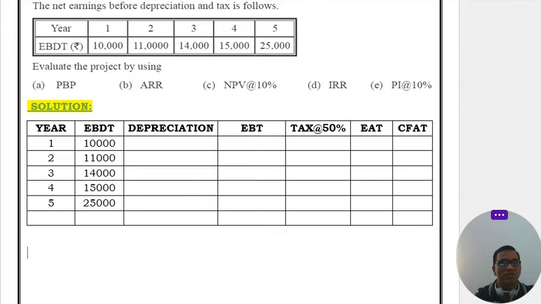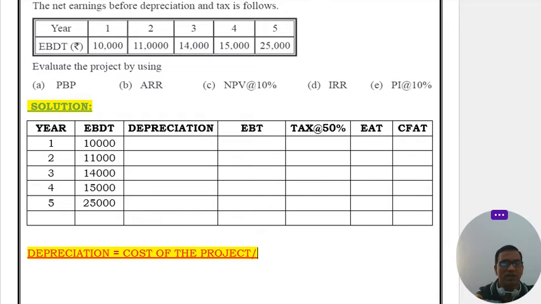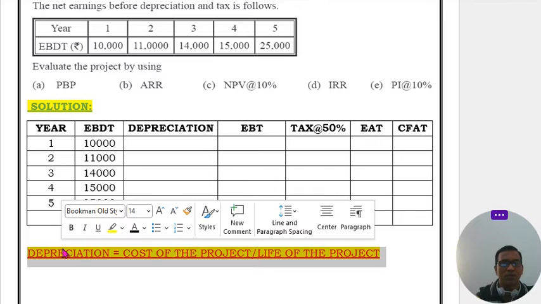Depreciation is equal to cost of the project divided by life of the project. If you have any scrap value, we will minus that, but there is no scrap value.